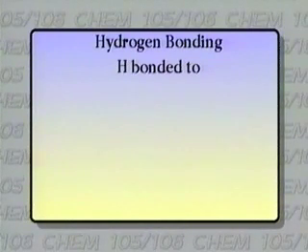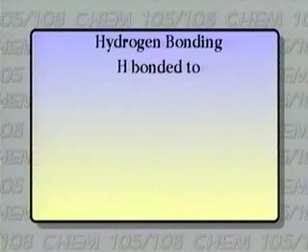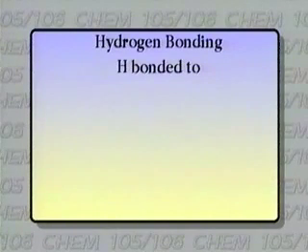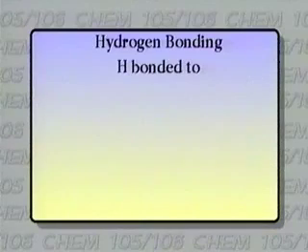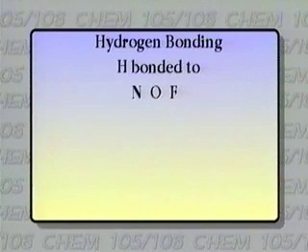And the three most electronegative elements that we have are nitrogen, oxygen, and fluorine. If we went back to Chapter 7 on chemical bonding and looked at the electronegativity table, we find those are the three that are the highest: nitrogen, oxygen, and fluorine.